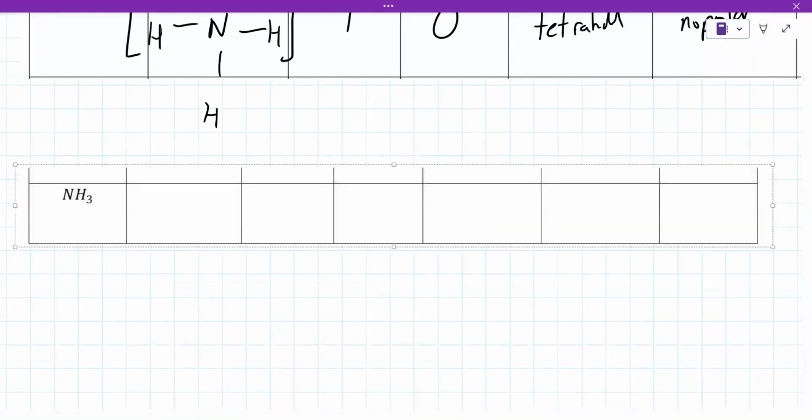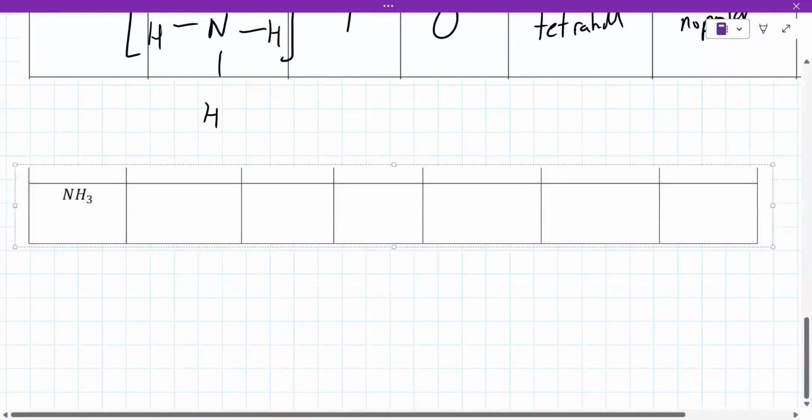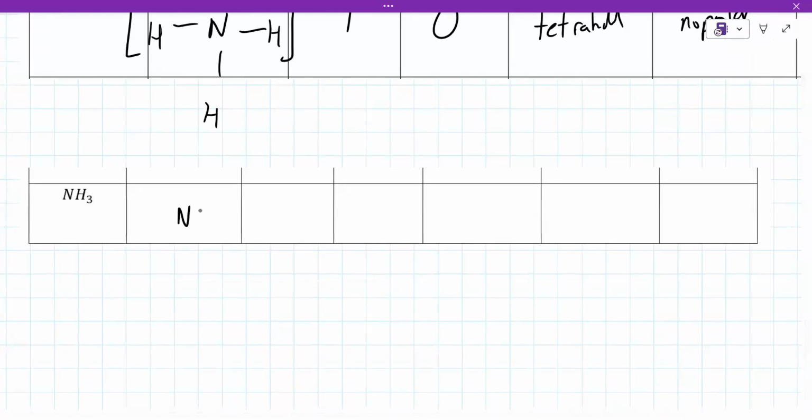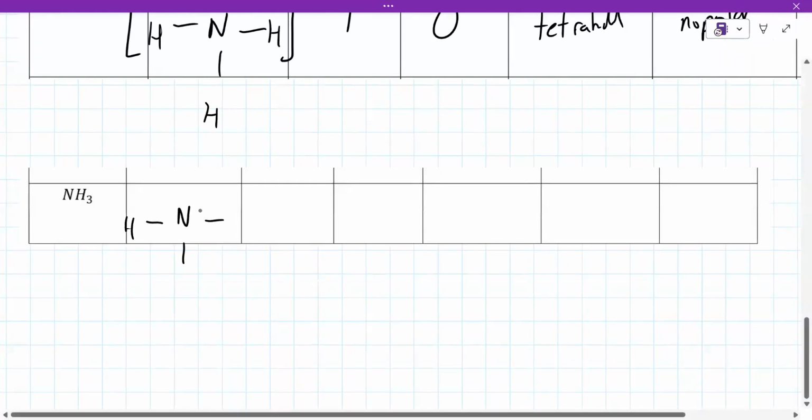So it would be N in the middle and then the 3 branches. I don't know if it matters whether you go down or up or left or right. I don't think it does. But you've got three there and then 1 there.